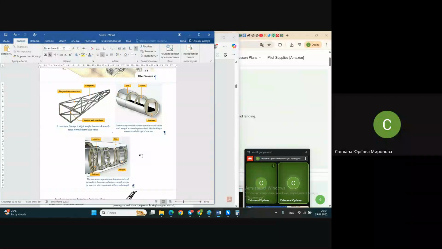Once again, the inner structure of aircraft may be of truss type, like this, made of sticks, complex petal jointed, and maybe beam-like. Beam-like structure also may be of different types, but typically they have both longitudinal and transversal elements.